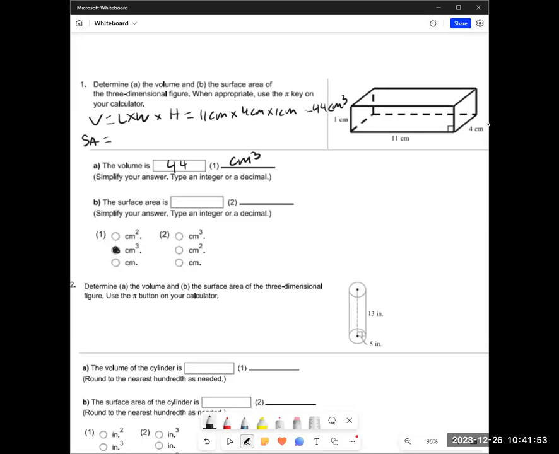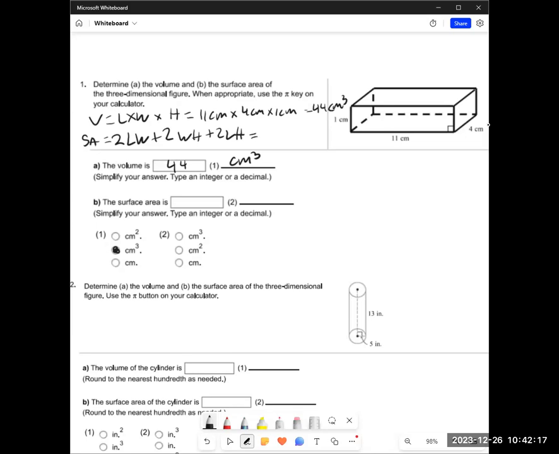That formula is 2 times the length times the width plus 2 times the width times the height plus 2 times the length times the height, 2 of each side of the box, basically. There's a bottom and top, a left and right, and a front and back.